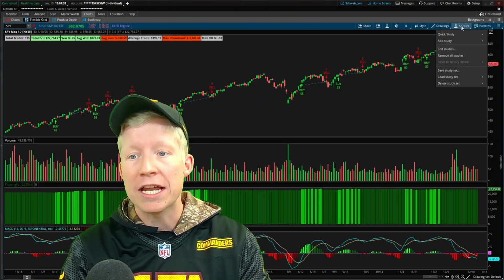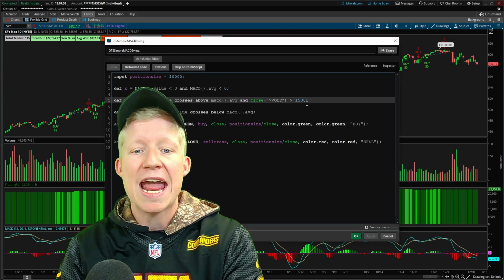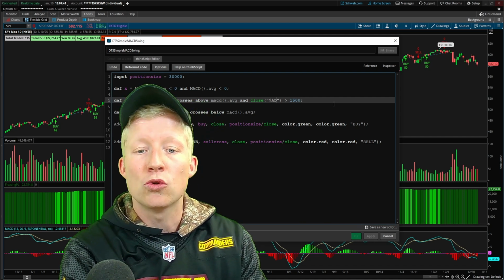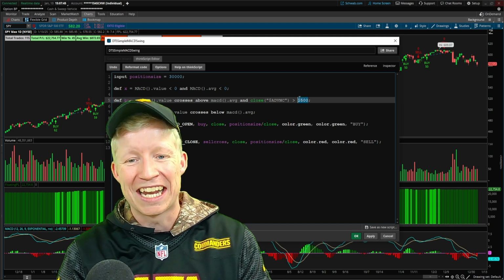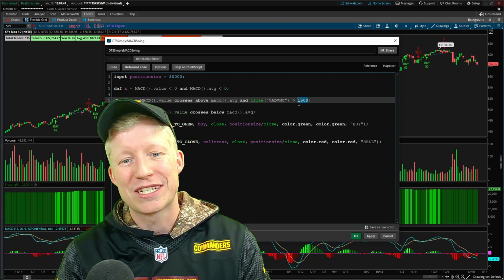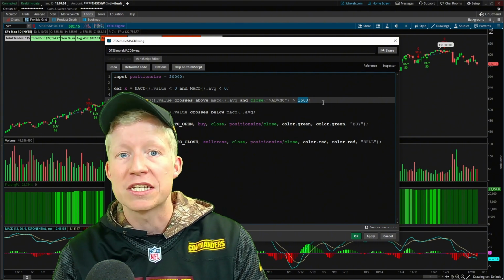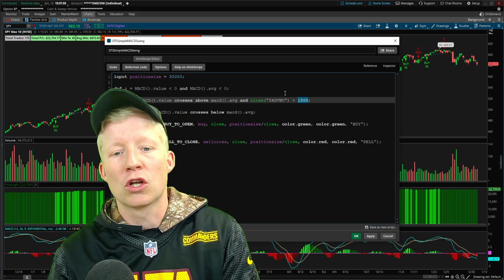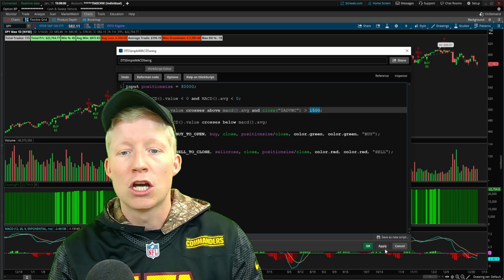So let's hop back over into our strategy, hop back into the source code of it, and let's change this from the close of VOLD to the close of ADVNC. And I'd already had it set up with greater than 1500 as I was testing. So now, instead of close VOLD being greater than 0 on our MACD crossover strategy, we are going to use close ADVNC greater than 1500.